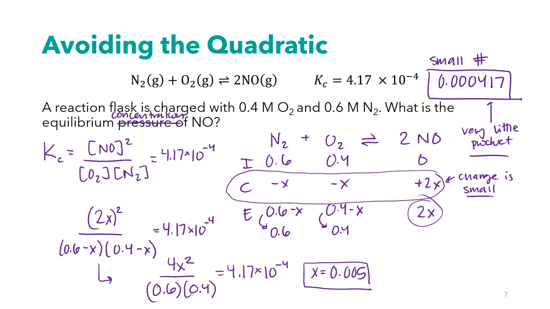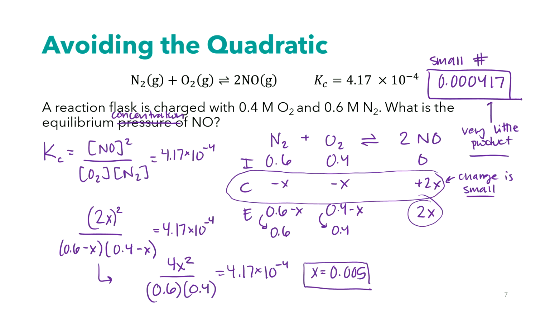And here's where I go back and say, was this a good assumption? Is 0.005 much less than 0.6? Yes. And the rule of thumb that we will wind up using is, is it less than 5% of the number? We're going to use this assumption in chapter 16. Every single problem, we're probably going to make this assumption that x is small.